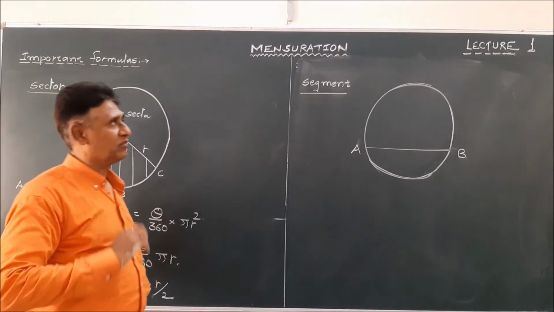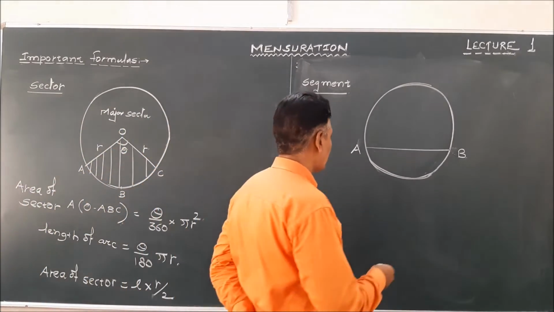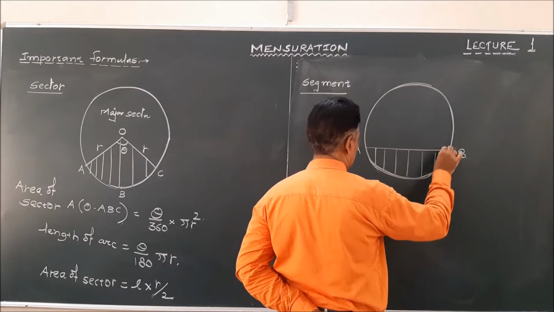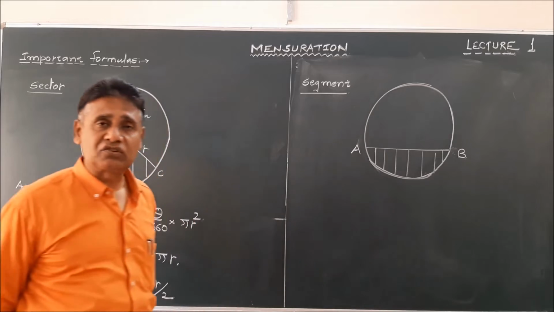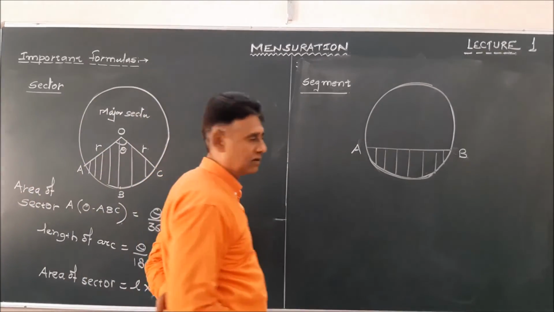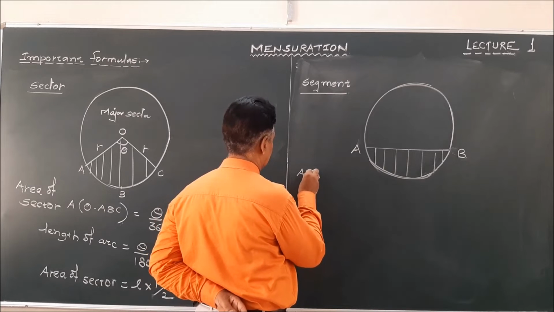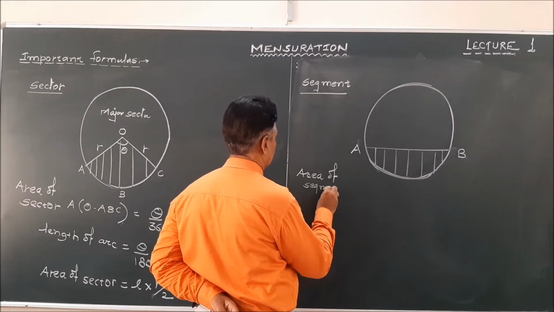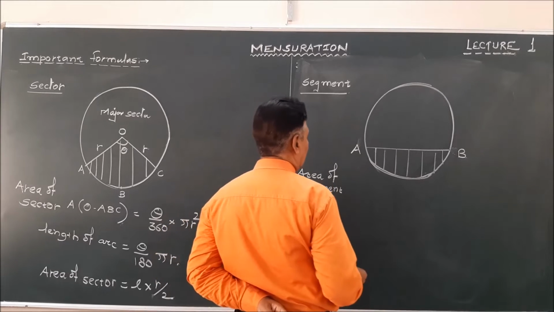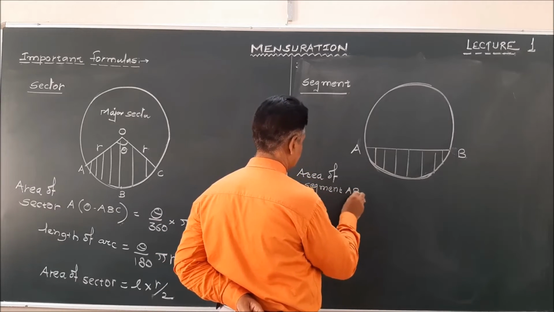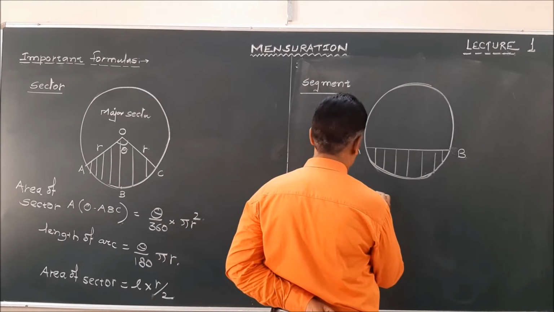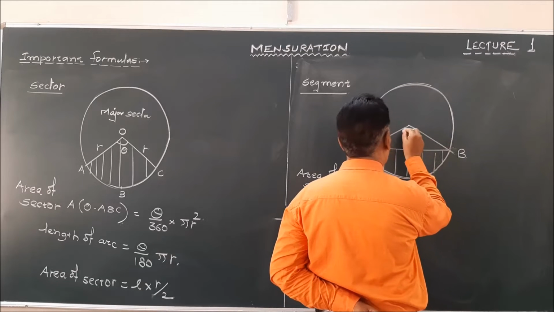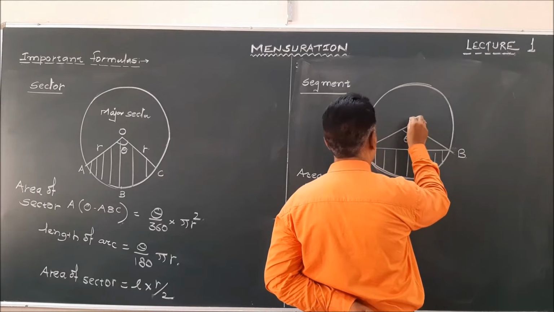So that is the difference between segment and sector. Now you find this shaded region is called as segment. So area of segment AB, okay, that is equal to, again you find this is theta.